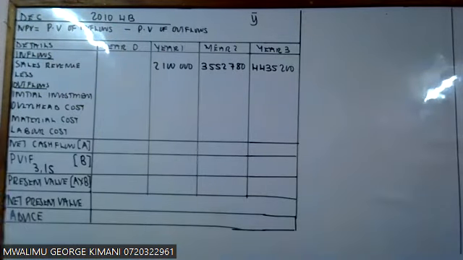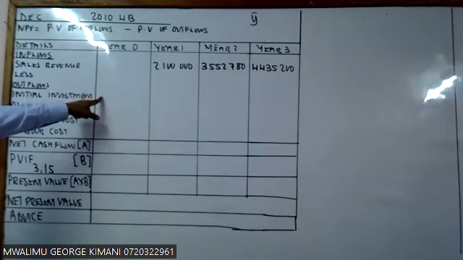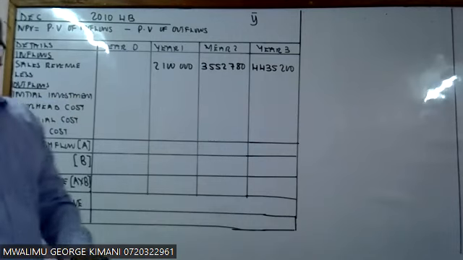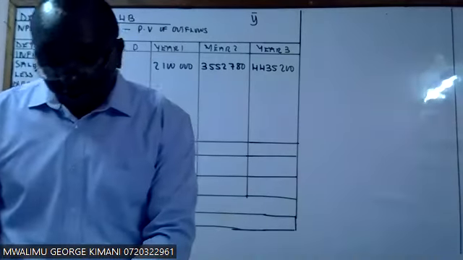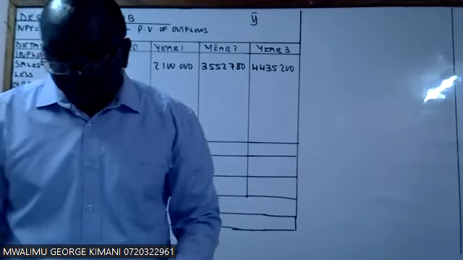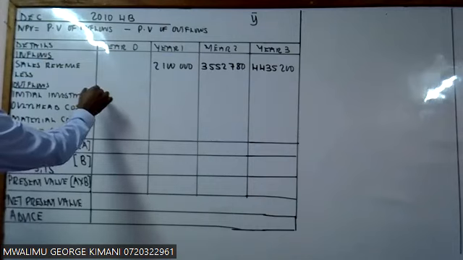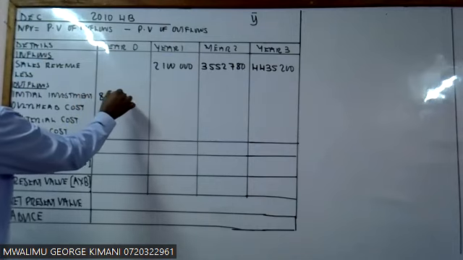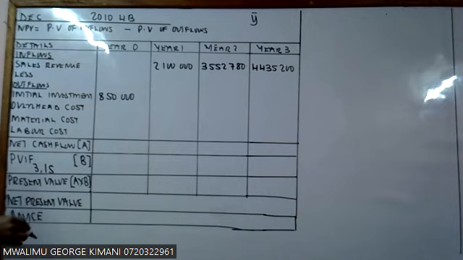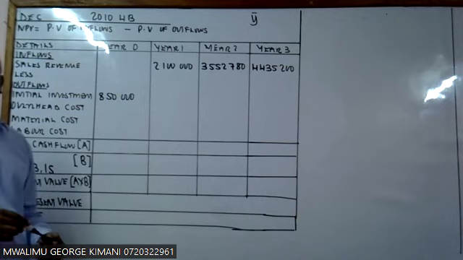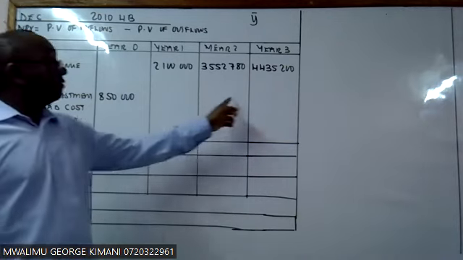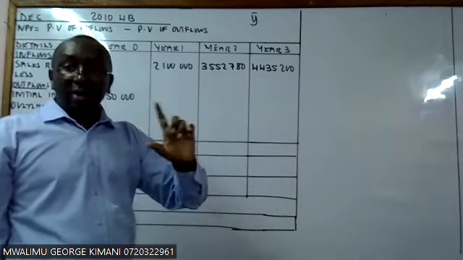So now we come to look for the initial investment. Looking at our costs, the initial investment is 850, and that one is always put in year 0. The other years we don't have the initial investment, just one off.